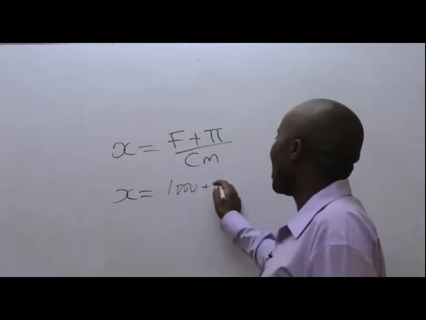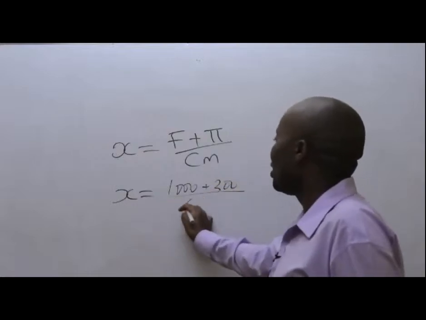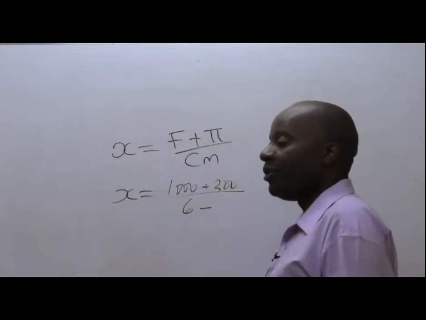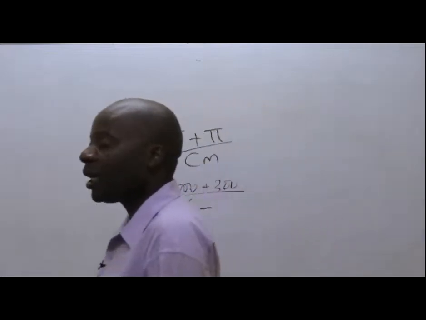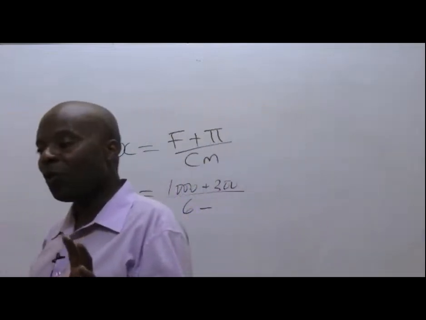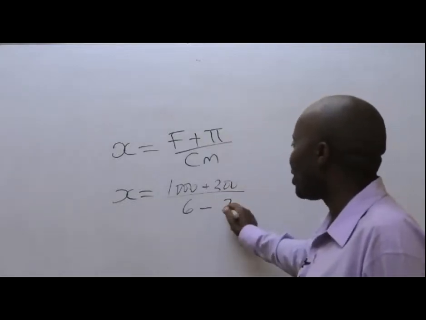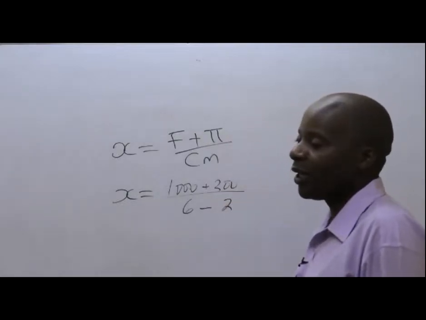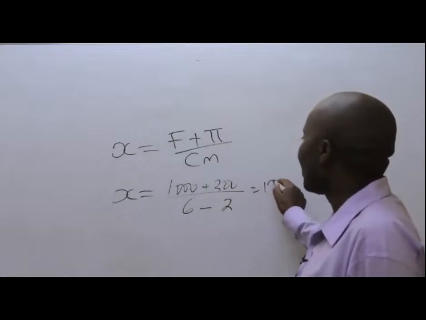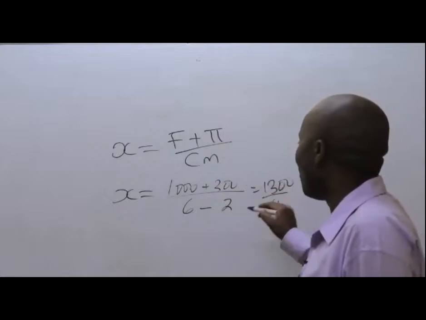So plus 300, and then everything is divided by contribution margin, whose formula is price minus variable cost. So it will be 6 minus variable of 2. This will give me 1,300 divided by 4.